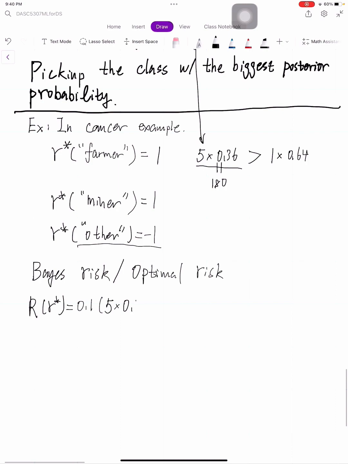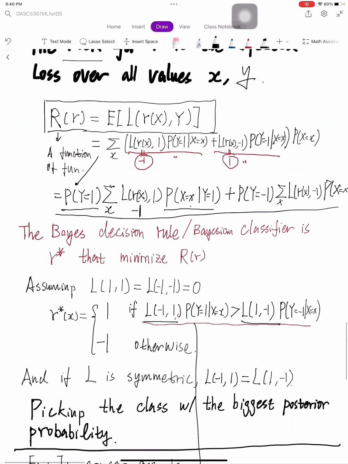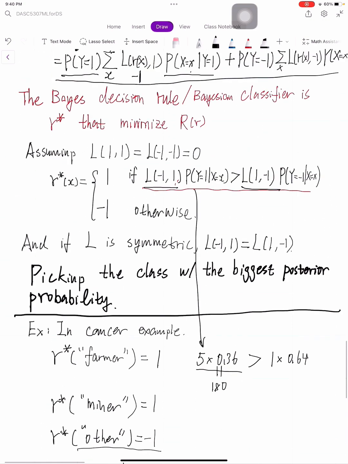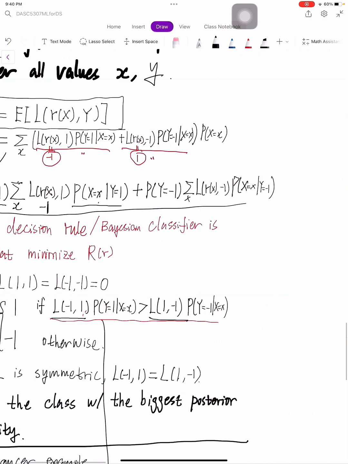So 0.3. And among the patients without cancer, we have 90% of the people who do not have cancer, and multiply the loss for the cases we predict as cancer.